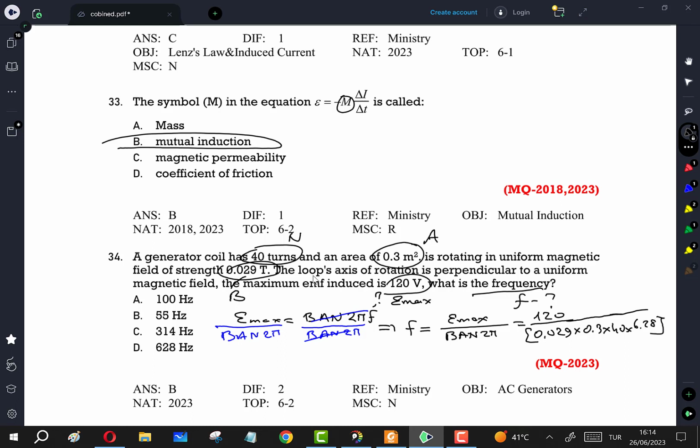So let's use the calculator: 120 divided by, in bracket, 0.029 times 0.3 times 40 times 6.28, close the bracket. Answer is almost 55. Frequency is 55 Hertz. B is the correct answer.